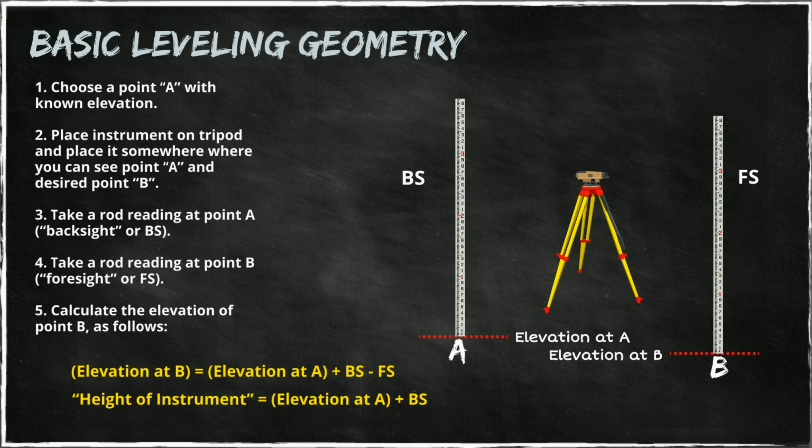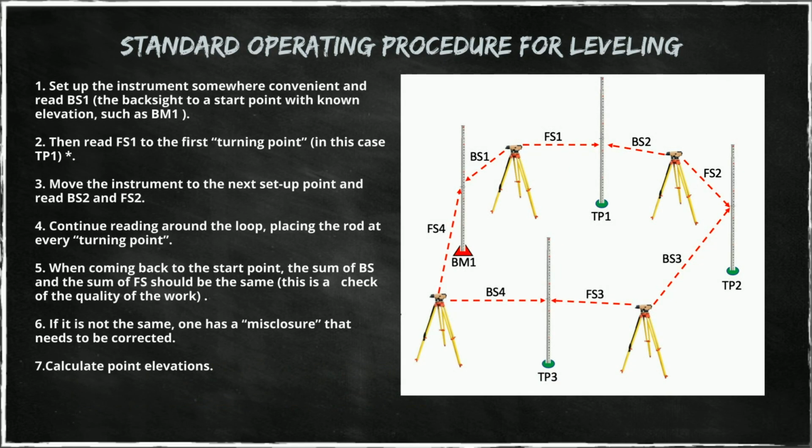First between point A and point B, then repeat the same process between point B and point C, as shown on this slide. Now this here is called a traverse. We're starting from one point, set up the instrument between this point with a known elevation and this point for which we want to know the elevation.